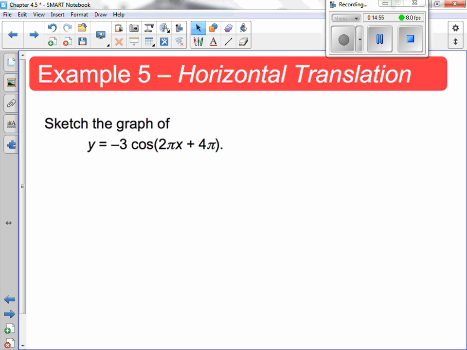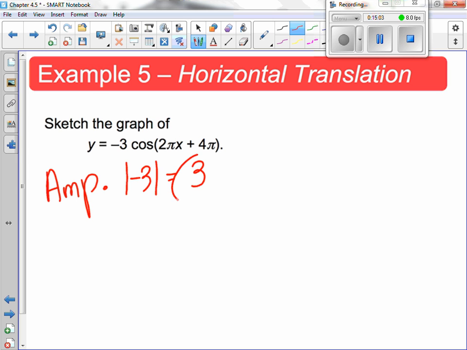So let's look at this here. So the amplitude would be the absolute value of negative 3, so the amplitude is 3. Now getting the period isn't too bad because it's the b part of this here, yes? But let's go on and factor it out of these two here.